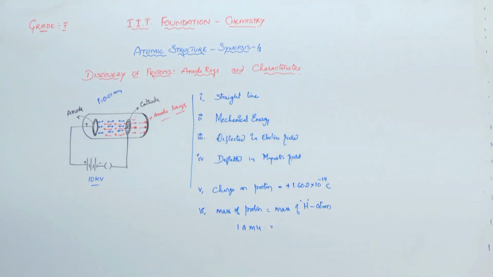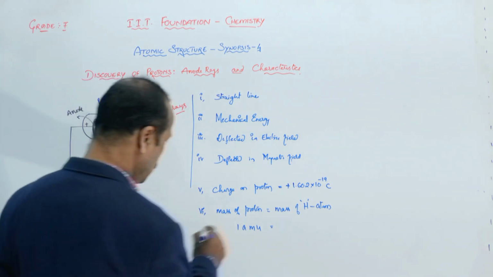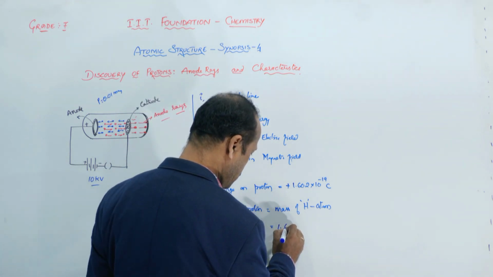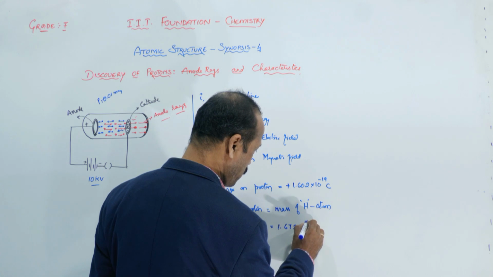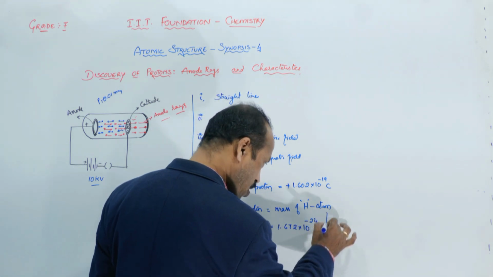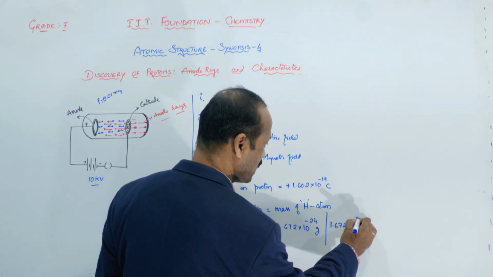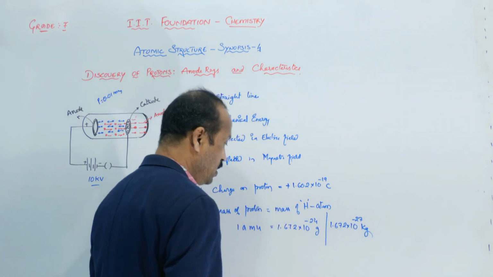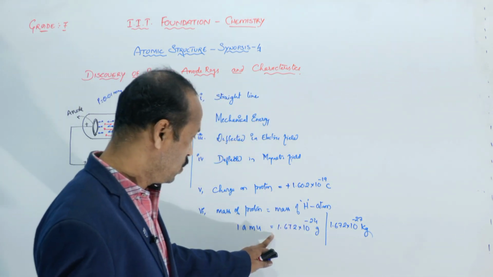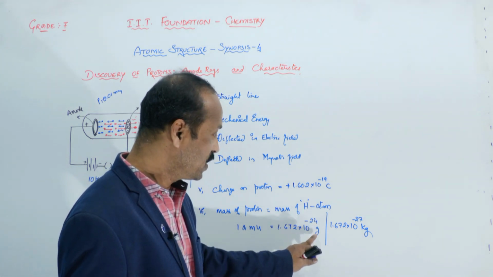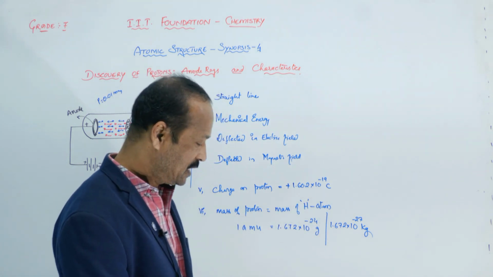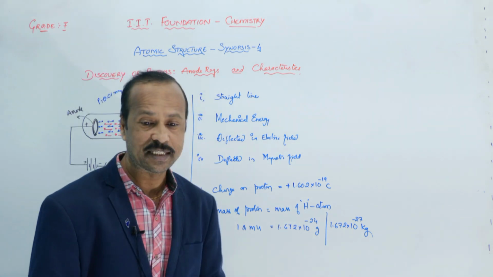If you want to mention it in terms of grams, it was observed that 1 AMU is approximately 1.672 into 10 to the power of minus 24 grams, or 1.672 into 10 to the power of minus 27 kg.